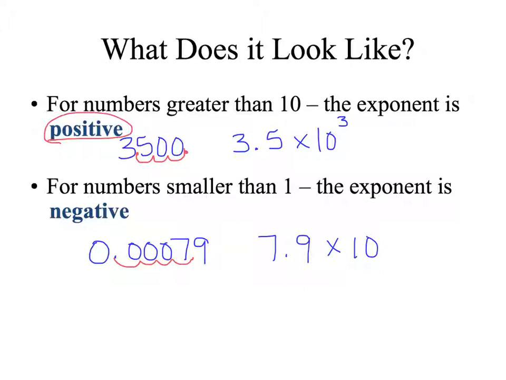Remember, I moved it 4 places, and it's negative because my number in standard notation is smaller than 1. All right, that's really important to remember. If your number is small, a negative exponent. If your number is big, it's a positive exponent.